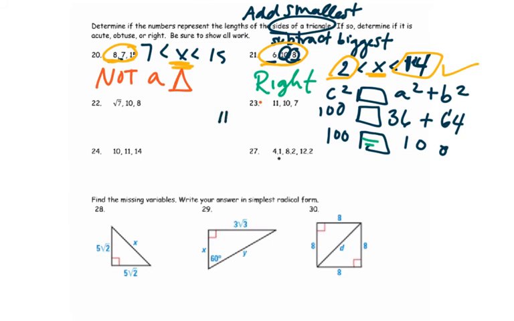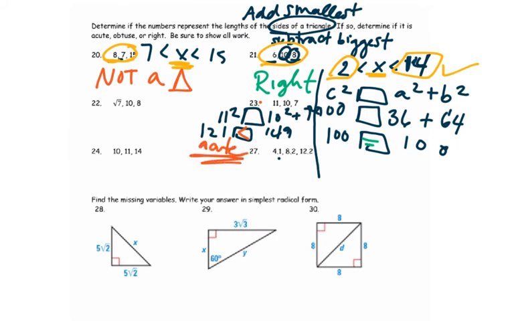That's going to be 11 squared compared to 10 squared plus 7 squared. So in this one here, this is smaller than that. So this here is acute, because this number is smaller than that number. Very easy.